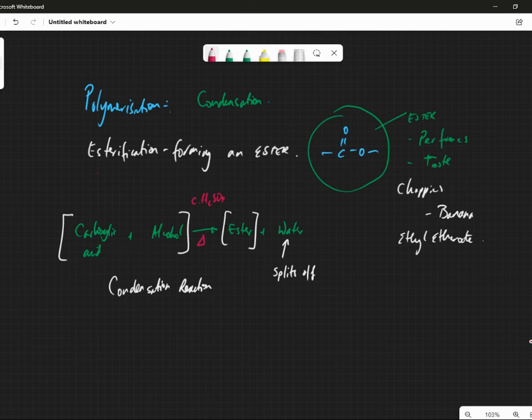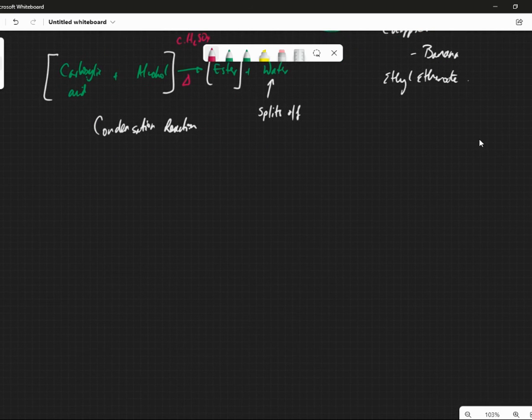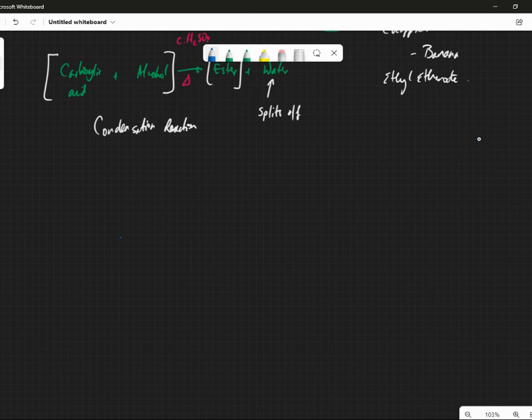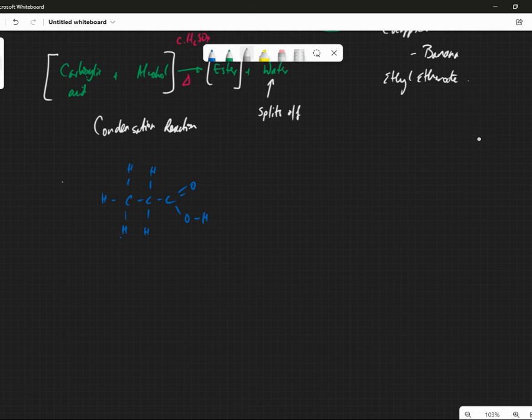An ester smells good. Okay, so I'm going to give an example of an ester, how we make an ester. The carboxylic acid I'm going to use, we always use ethanoic acid, so let me use a different one. I'm going to use propanoic acid. So 1, 2, 3 is propanoic acid. I'm going to react the propanoic acid with, now we always use ethanol, don't we? So I'm going to use something else. I'm going to use methanol.